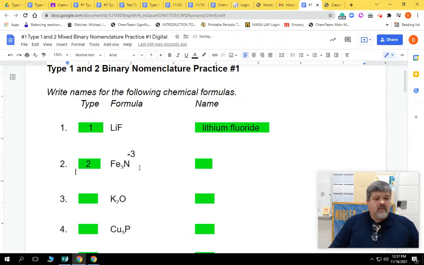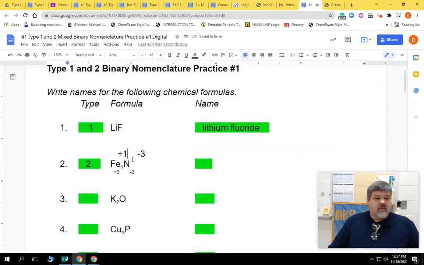So on the bottom, I have -3 times 1, an overall charge of -3. That means the overall charge for iron has to be equal but opposite, so it's +3. We divide that by the number of irons we have, which is 3, and 3 divided by 3 is +1.